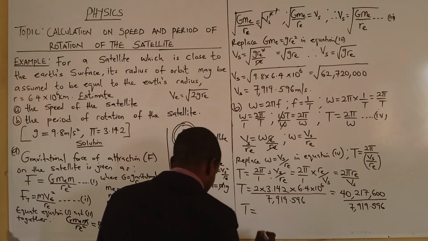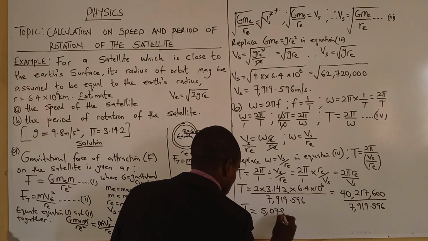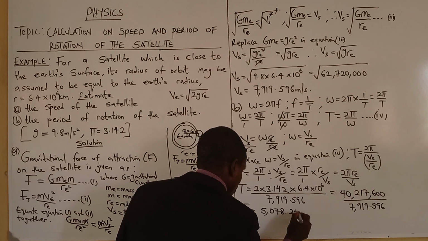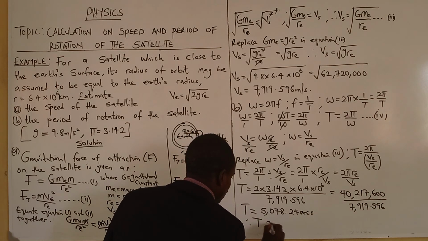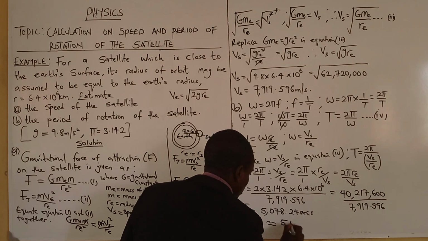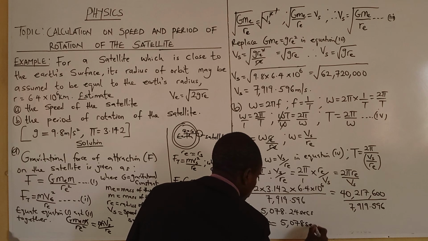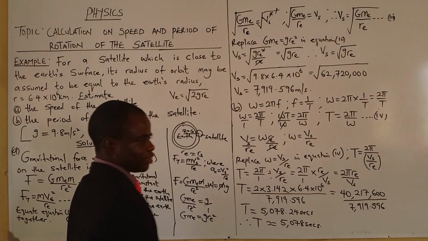Your period now is 5,078.24 seconds. Therefore, the period of rotation of the satellite is approximately equal to 5,078 seconds. Okay, this is the period of rotation of the satellite.